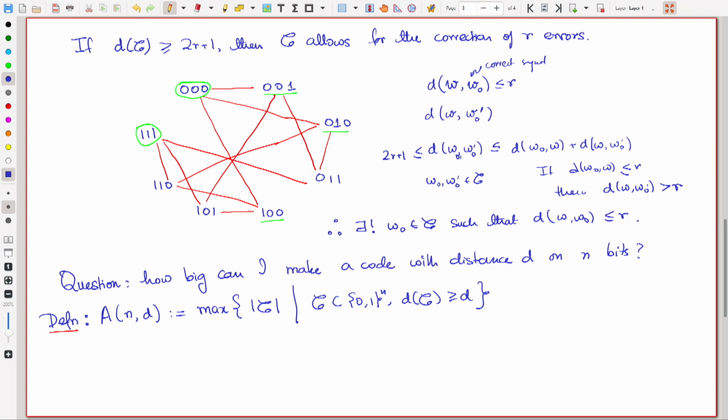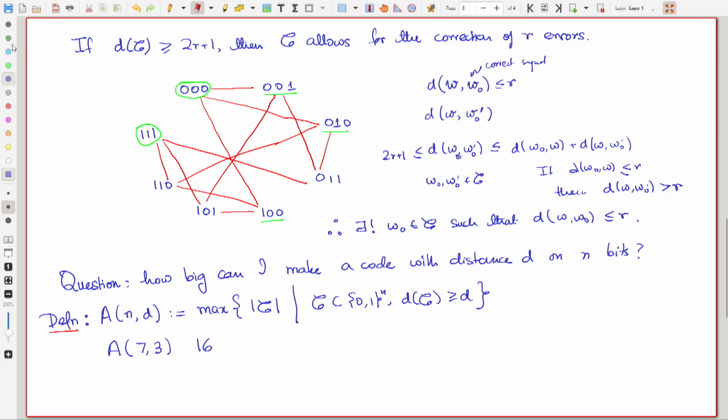Okay, and we want to know what this is. So, what can you say about it? What does Hamming tell us? A(7, 3) is greater than or equal to 16. In fact, it turns out that A(7, 3) is equal to 16.